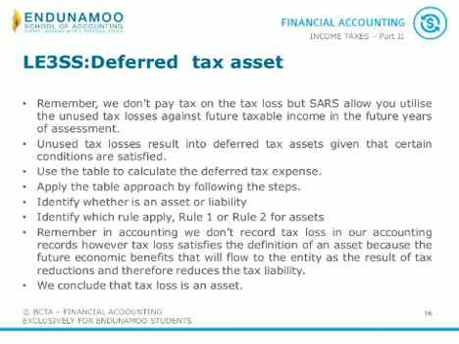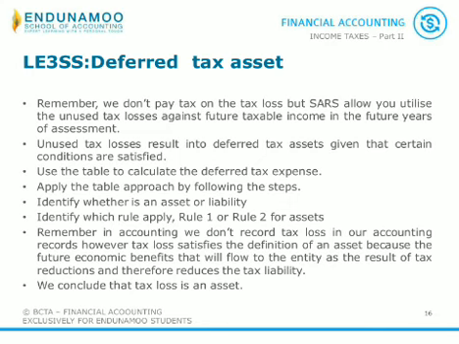SARS is now saying that you can keep carrying these tax losses forward up until a point where you actually start making taxable income in the future, and you can then utilize these losses against that future income. And we'll see that more clearly as we do an example.